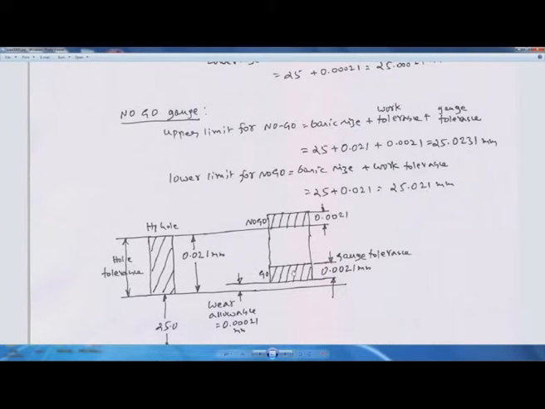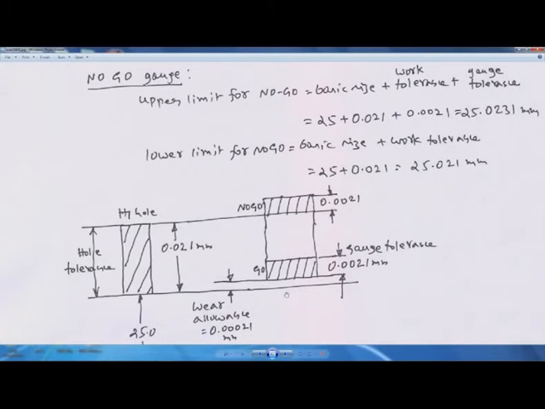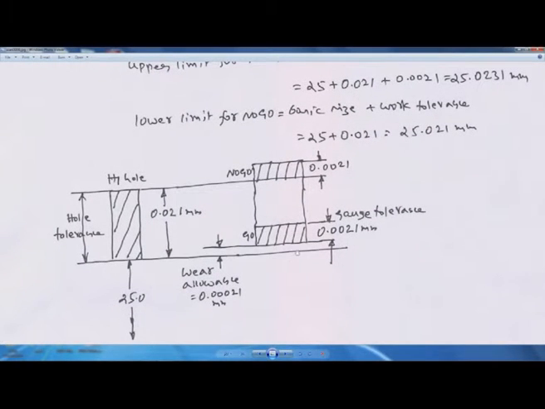So, the upper limit for go gauge will be this one, and lower limit will be equal to this basic size plus wear allowance. That means this much tolerance is provided for the go gauge.